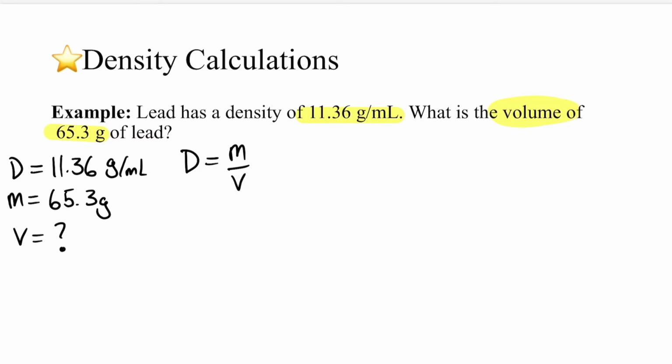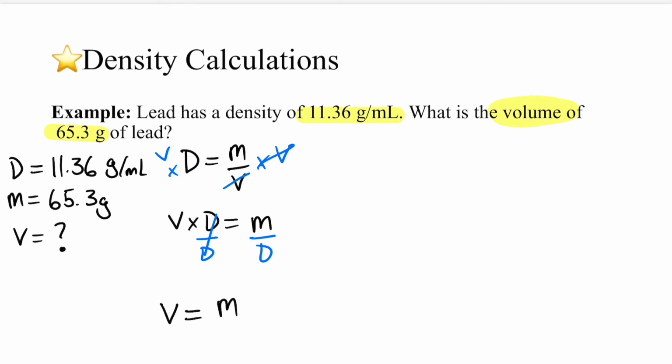To do that, we're going to start by multiplying both sides of the equation by volume. That gives us volume times density equals mass. To get volume by itself, we're just going to divide both sides of the equation by density. And so we get a new equation of volume equals mass divided by density. Now we have rearranged this equation to be solvable for volume, which is what we want to find.